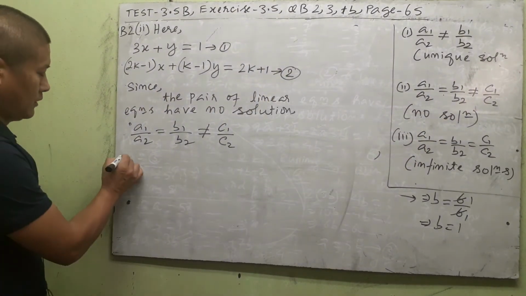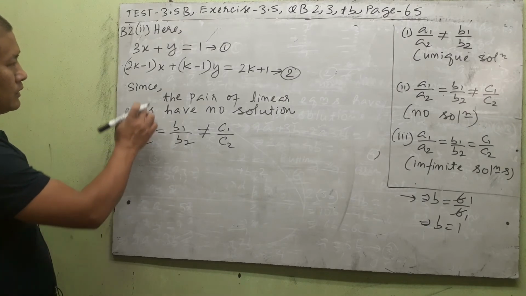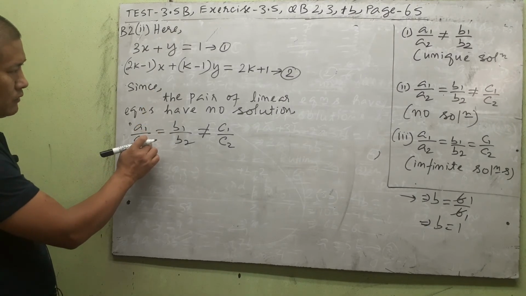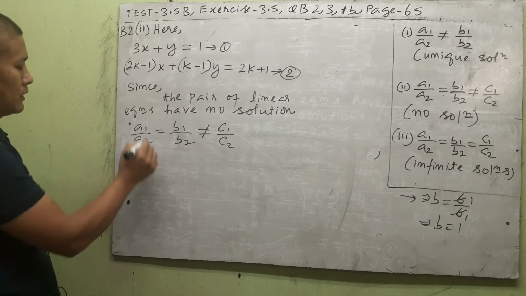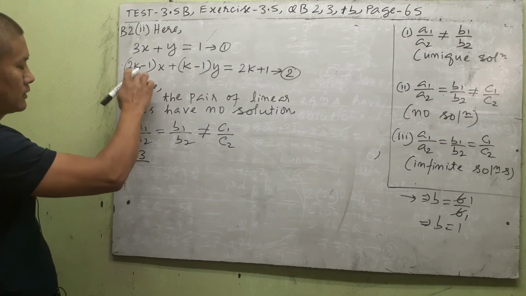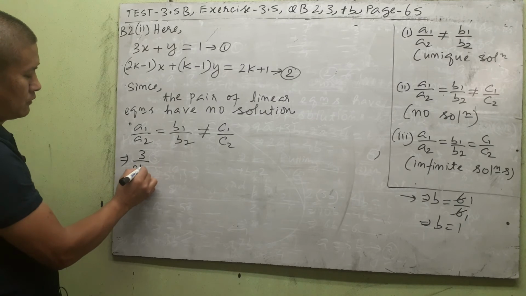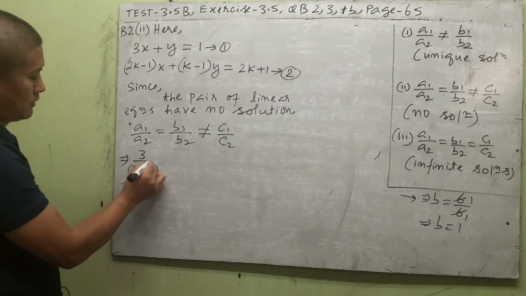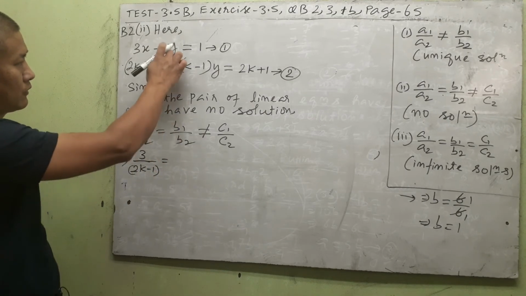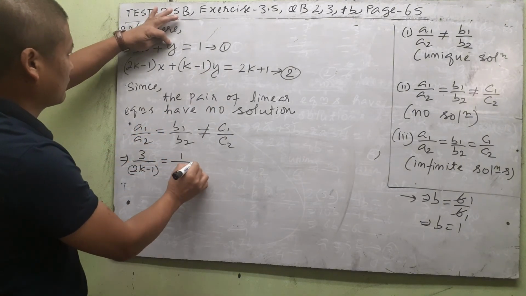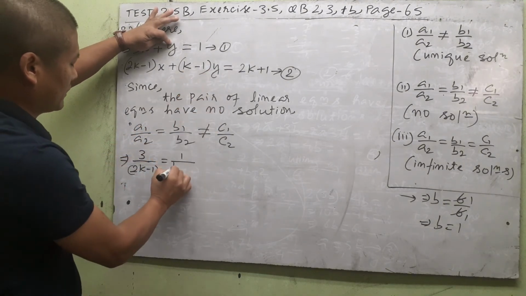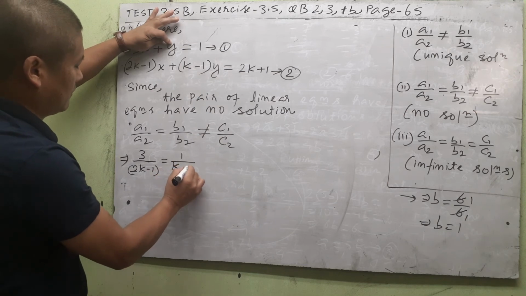A1 and A2 are the coefficients of x, the ones just in front of x here. A1 is 3, A2 is 2k minus 1. B1 and B2 are the coefficients of y. In front of y is plus 1, and in front of y here is k minus 1.